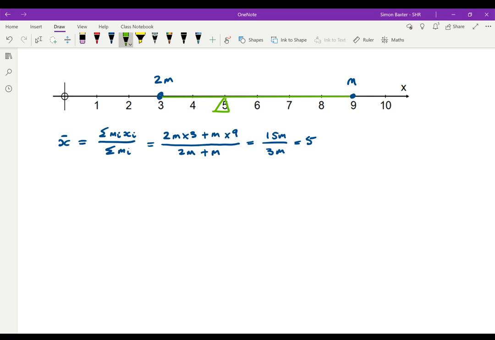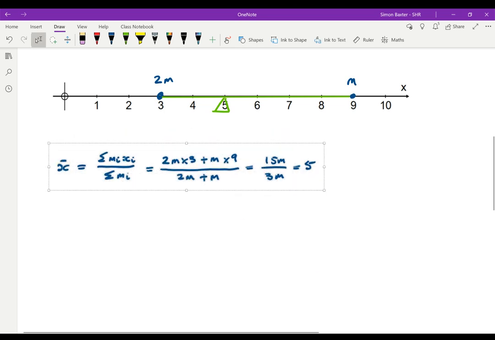Does this make sense? Let's just move that down a little bit, get it out of the way. Well, if the balance point is at 5, what happens if we decide to take moments about the pivot?